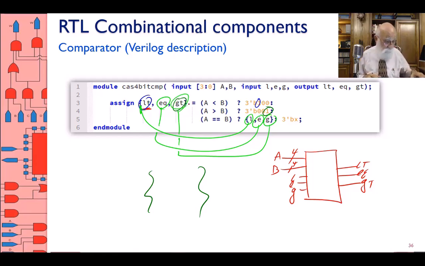If you want to make this a bigger comparator, you have 2 ways of doing it. One would be just change this to 15. That's all there is to it. If this is 15, it's a 16-bit comparator, and that's all you have to do.